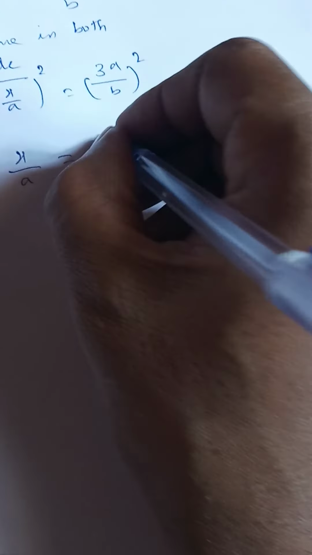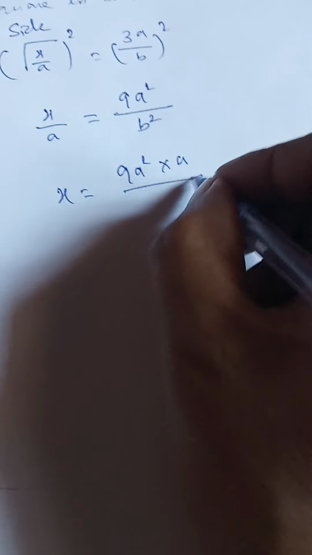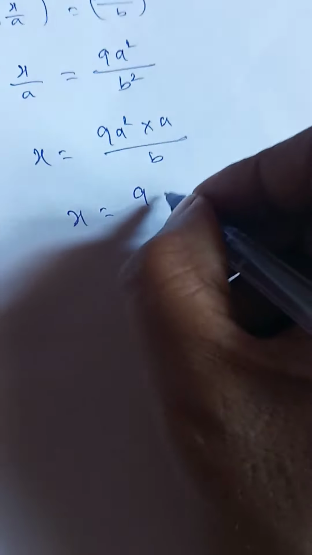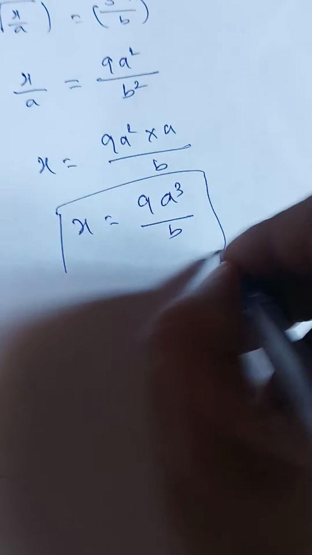Square root of x by a whole square equals 3a divided by b whole square. Then x by a is equal to 3 square 9, a square divided by b square. Then x is equal to 9a square into a divided by b, so x is equal to 9a cube divided by b. That is one value.